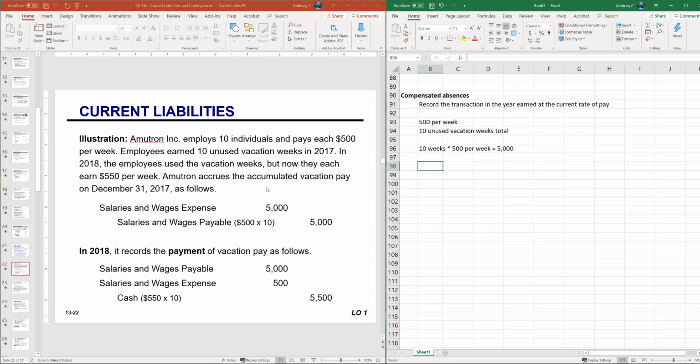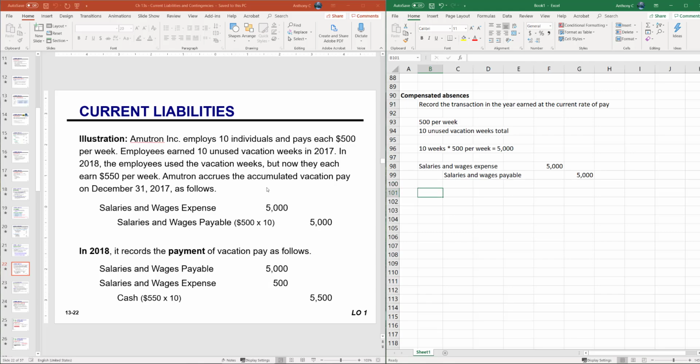They've already earned the right to take them, so we have an expense. In other words, we are saying we'll pay you in the future $5,000 for the work that you've already done now. So we'll debit salaries and wages expense for this $5,000. And our credit here will be to salaries and wages payable, because now we have an obligation to pay them for these vacation weeks when they take them in the future. So we'll credit salaries and wages payable for $5,000.